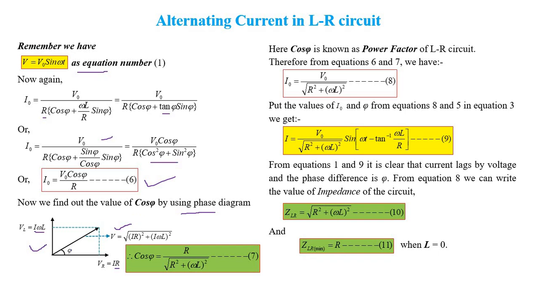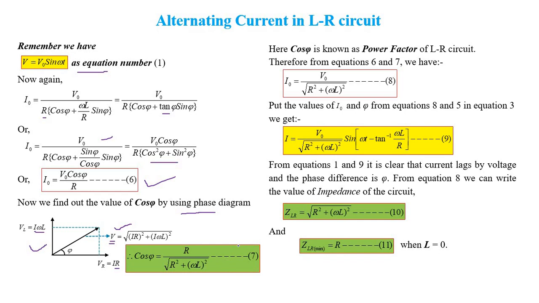So, we also call this the resultant voltage. So the angle between the resultant and VR, let us assume it is phi. So by using this phasor diagram, we can write the value of cos phi is equal to R upon root over R square plus omega L whole square. Here the value of V has been obtained by using the Pythagoras theorem.